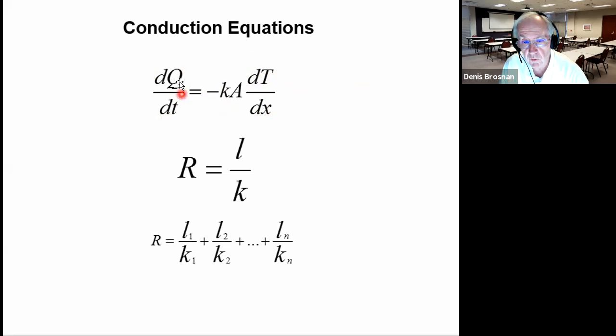So this is not so difficult. The heat per unit time is equal to a constant times the area it goes through times the temperature change in an area over the thickness.